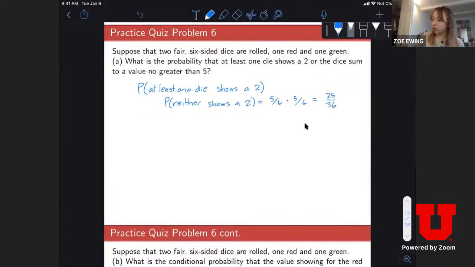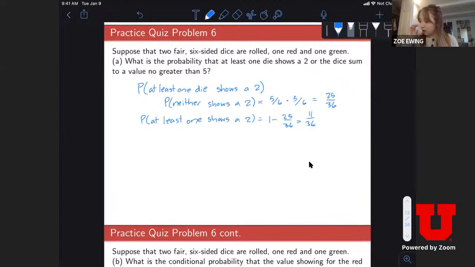And then if we subtract that from 1, the probability that at least one shows a 2 is 1 minus 25 over 36, which comes out to 11 over 36, which I believe is what is shown in the solution. Yes, 11 over 36. So this is just another way to solve it other than what the solution showed.